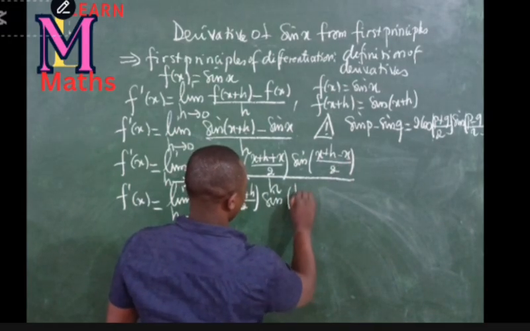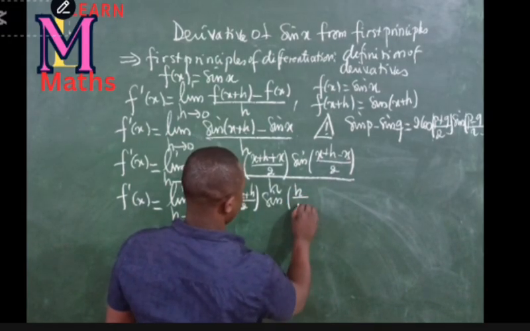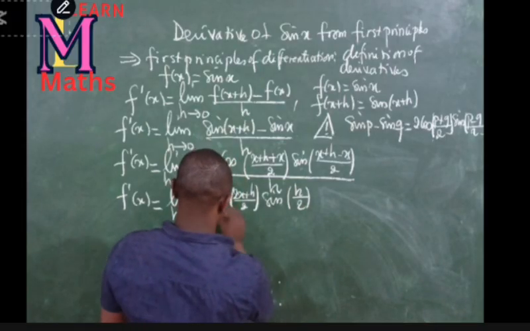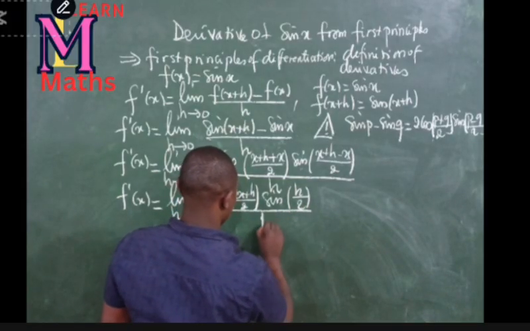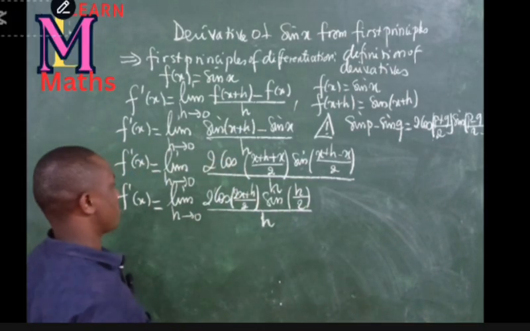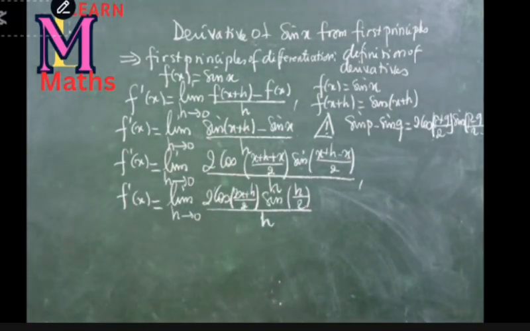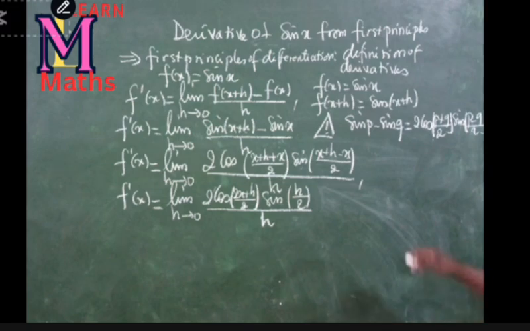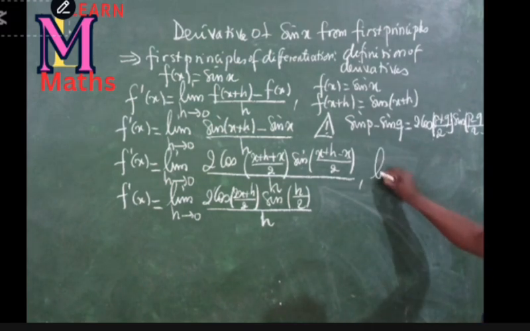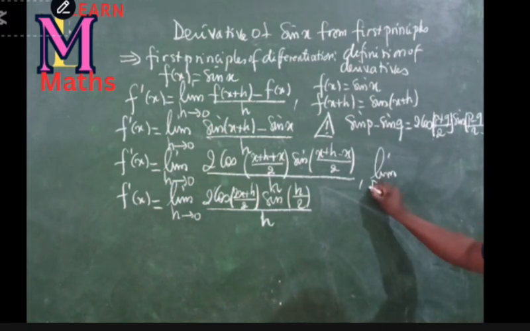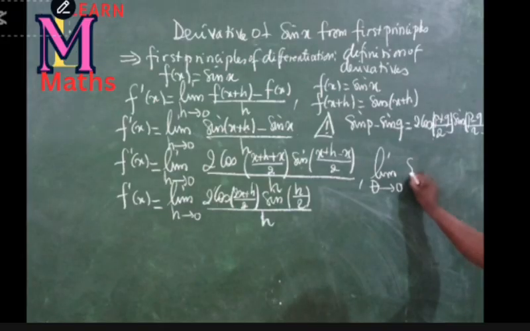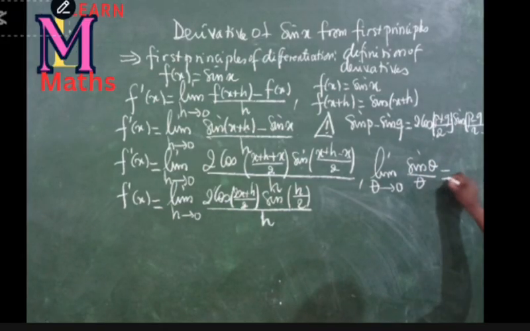That means here we have sine of h over 2 divided by h. Let me also recall this for you, guys: the limit as theta approaches 0 of sine theta by theta is always 1.